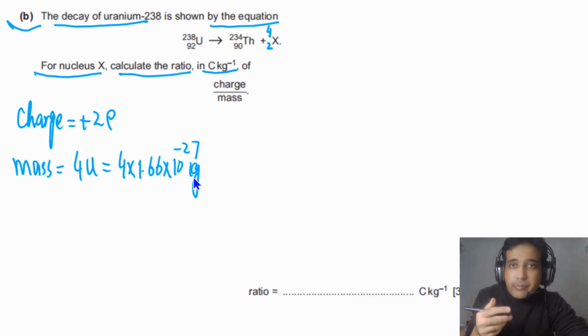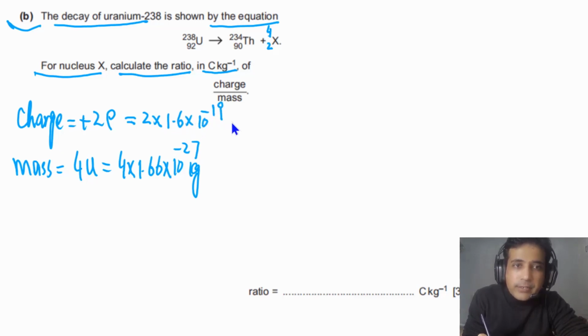If you can remember, it's wonderful. Otherwise you can find it on the second page of this exam paper. And we can also write down this charge: 2 times, and the charge on a single electron is 1.6 times 10 to negative 19 coulombs.